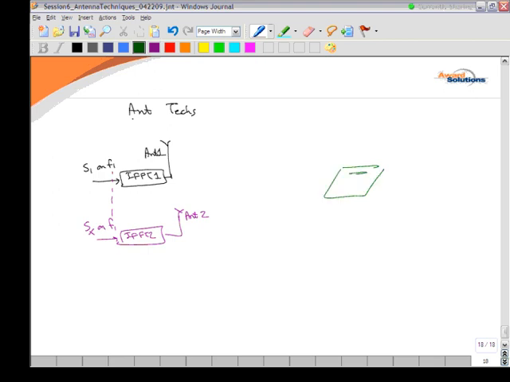At the receiver, we have two, let's say, receive antennas, receive antenna 1 and 2. So first, after frequency down conversion and so on, we will do FFT here.